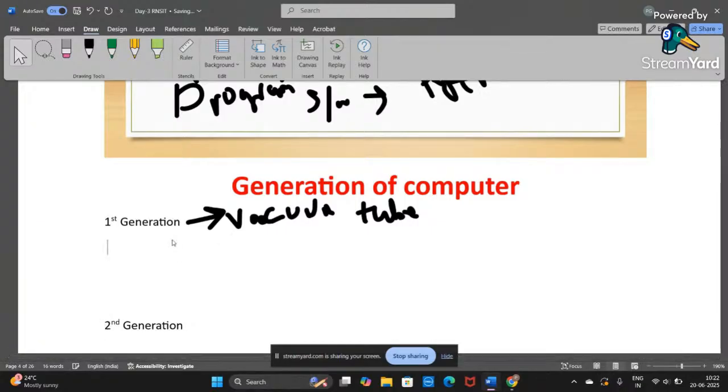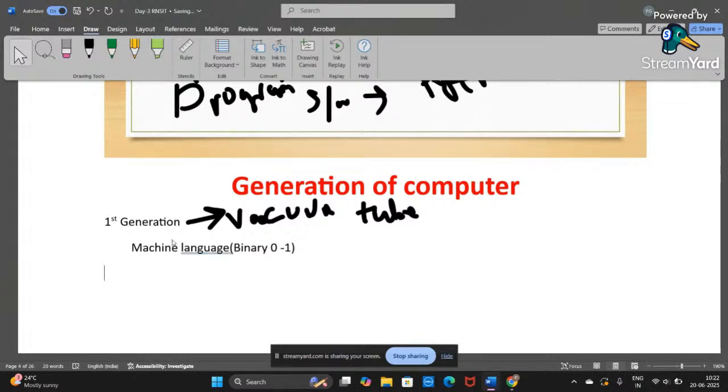In this, the programming language was machine language, and it was binary code. What is binary? 0 and 1.